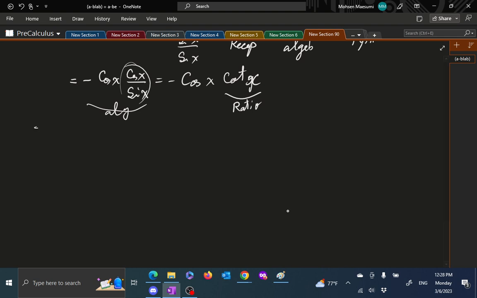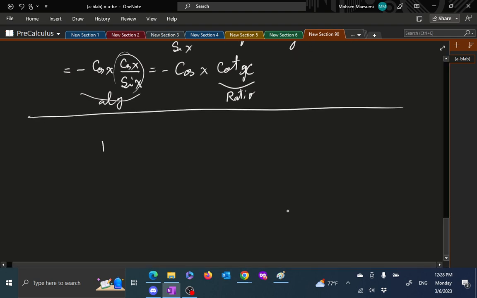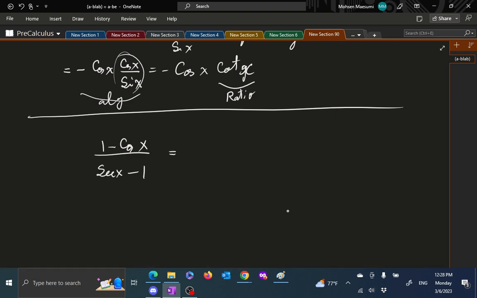So by now we have 1 minus cosine of x over secant of x minus 1. We want to show that that is the same as cosine of x. Well, remember, this is 1 minus cosine of x over secant of x minus 1. We are starting from left, and our marching order is to go from left to right.